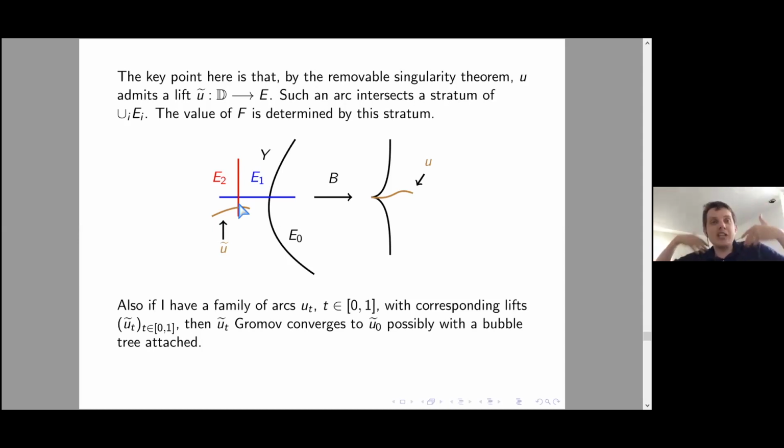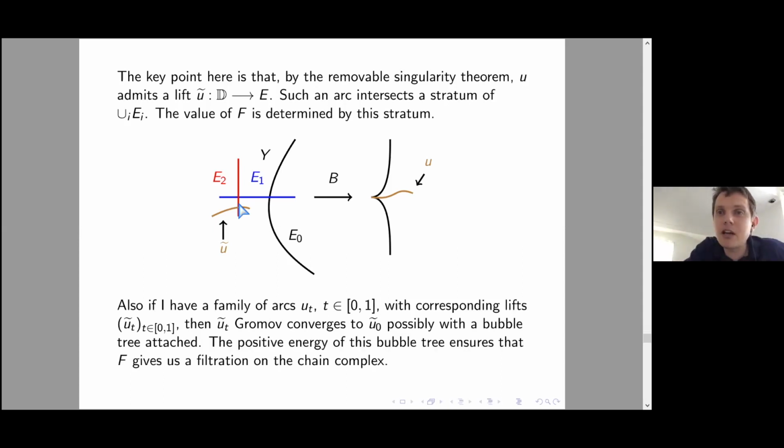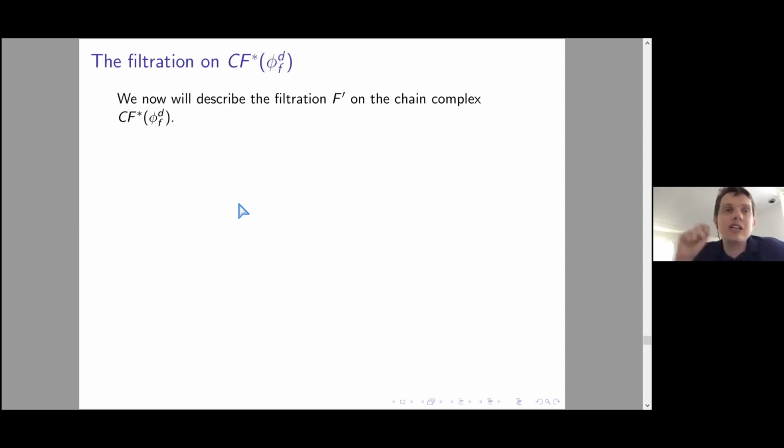And so the filtration goes down when I take limits. And so if I have a cycle, it respects this filtration. Okay, so that's the first filtration. The first filtration is just the integral of theta over y.